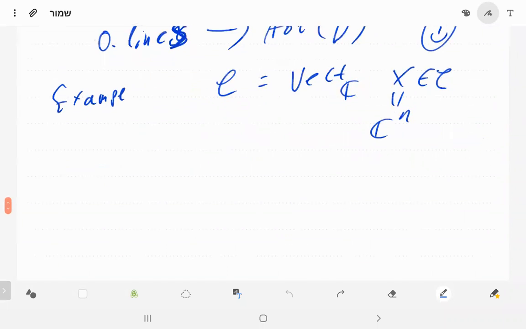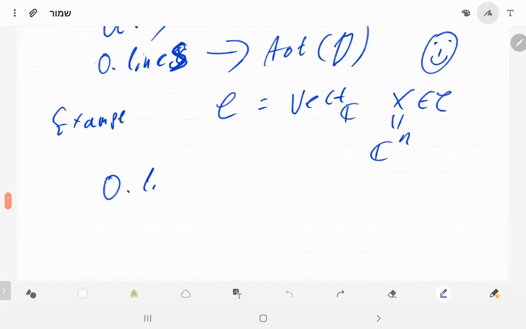So we will get a map from oriented links to, any guesses? Where X plays a role here.